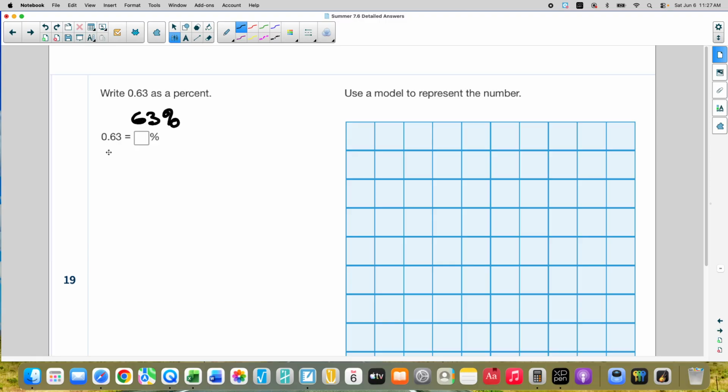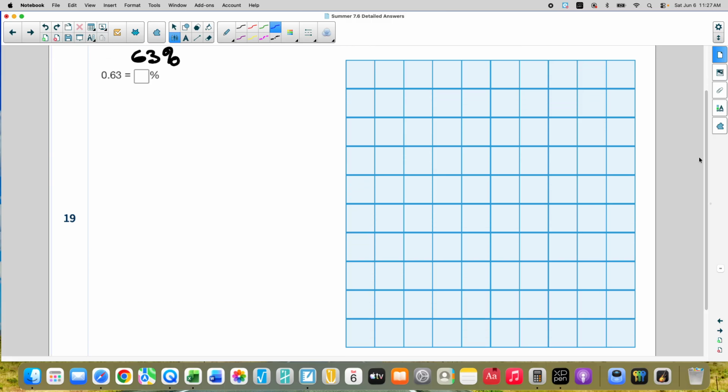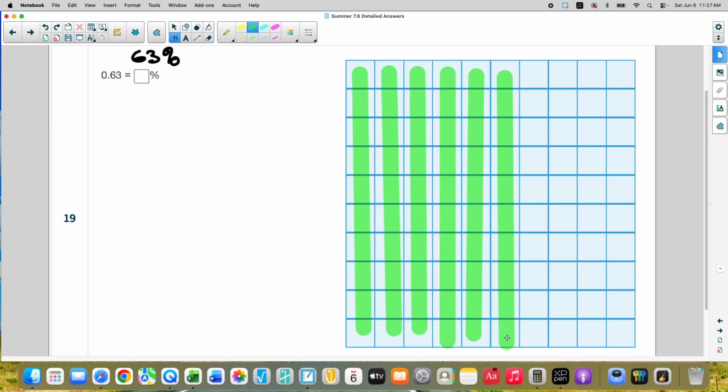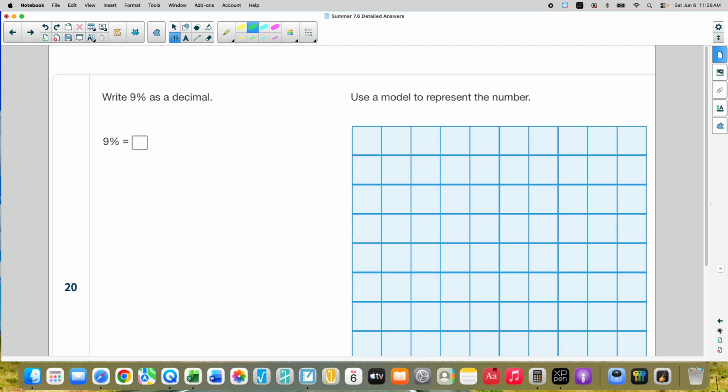We would move that decimal point 2 places to the right, and 63% would be 63 boxes shaded. So that's 10, 20, 30, 40, 50, 60, 1, 2, 3. 63% of the boxes shaded.